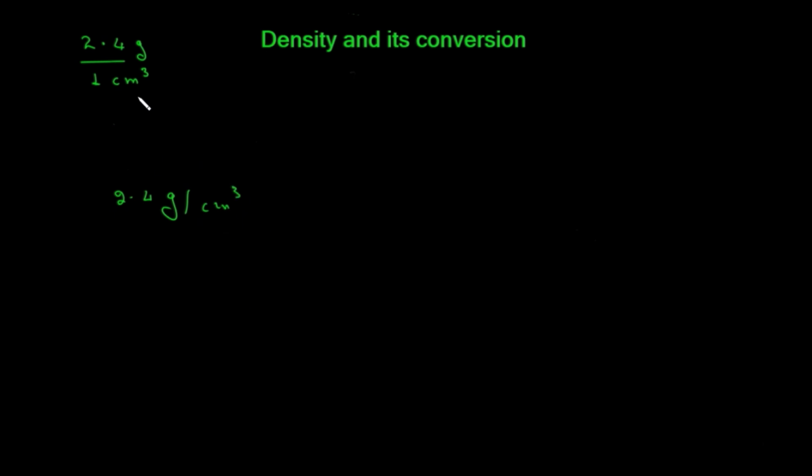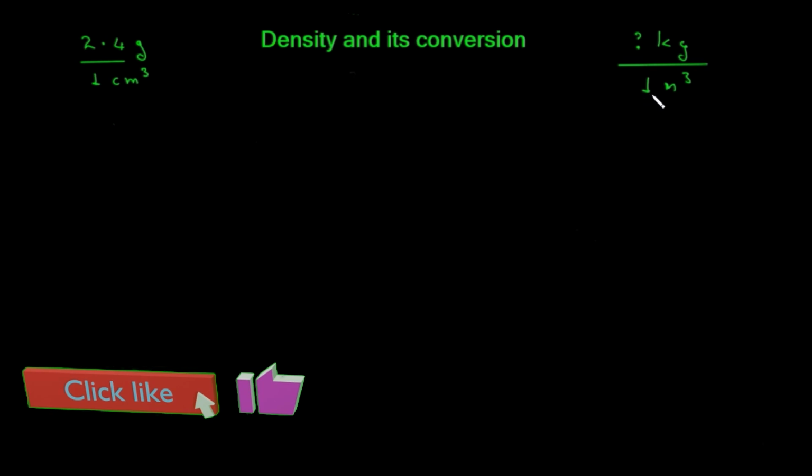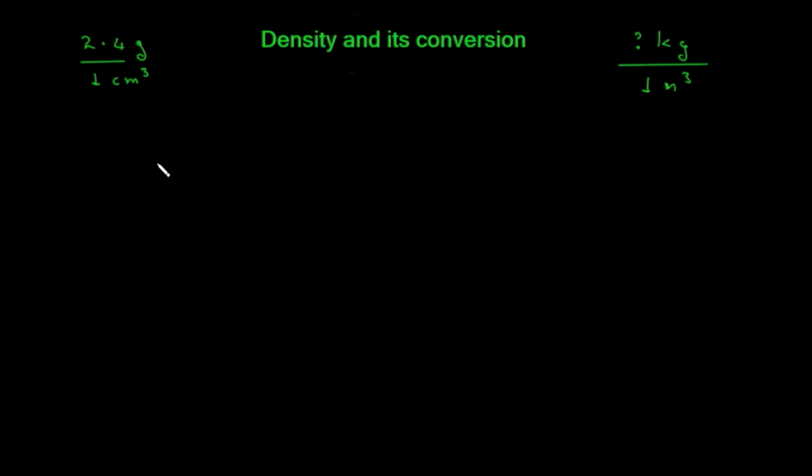That is just another way of writing that. We're going to be using this one. Now we need to convert that to some number, question mark, kilograms all over 1 meter cubed. That is our objective, starting with that.